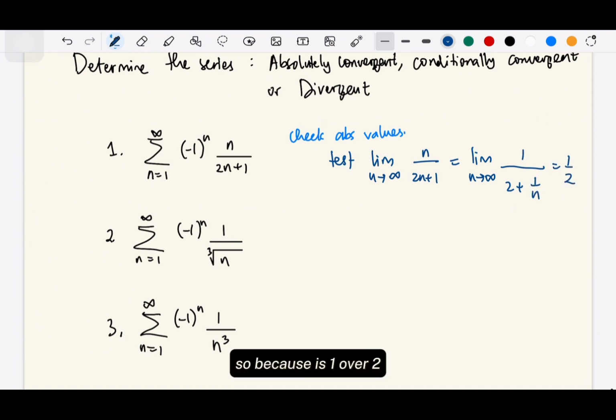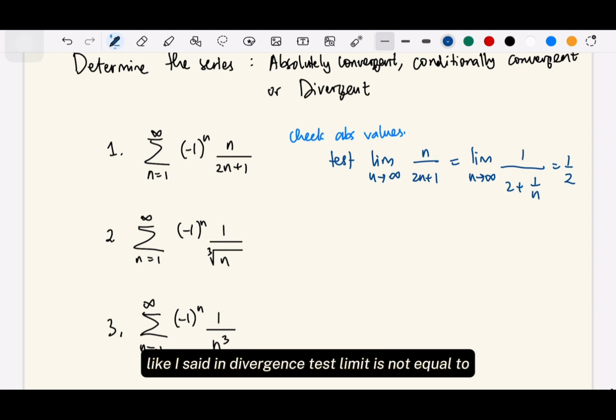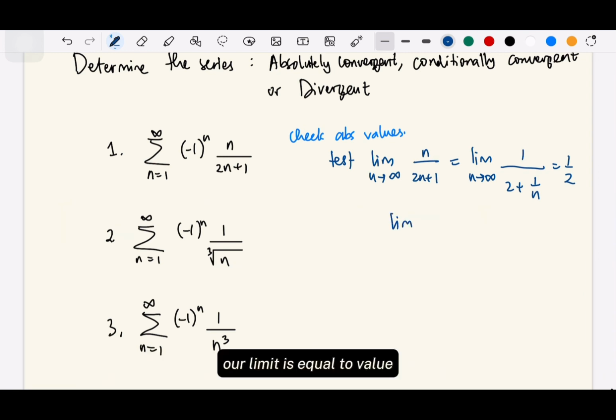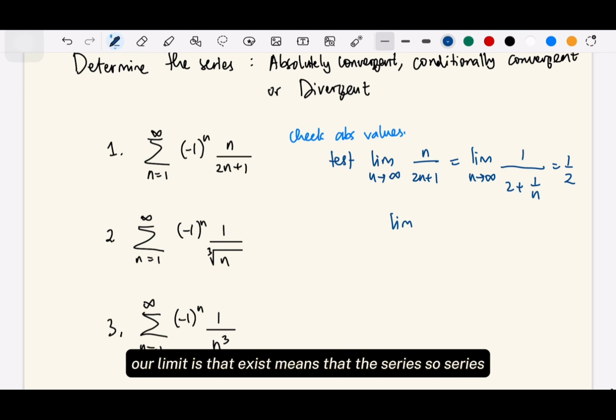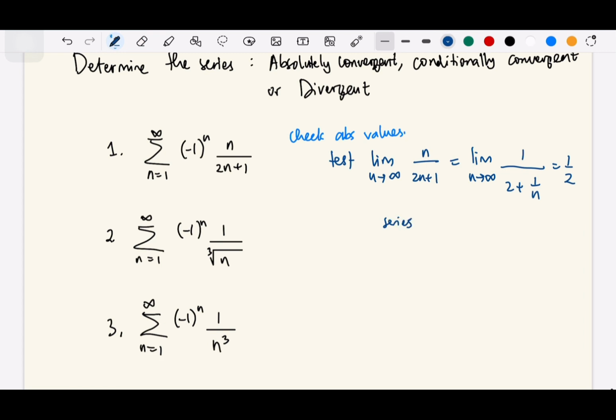Because it's 1 over 2, like I said in the divergence test, if the limit is not equal to 0, the series is divergent.